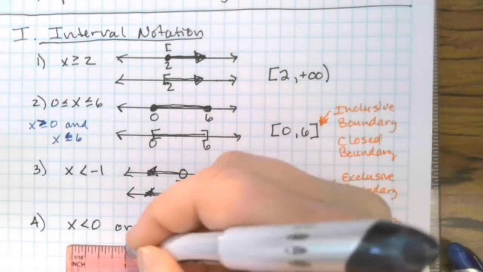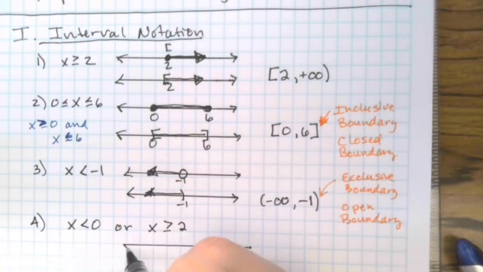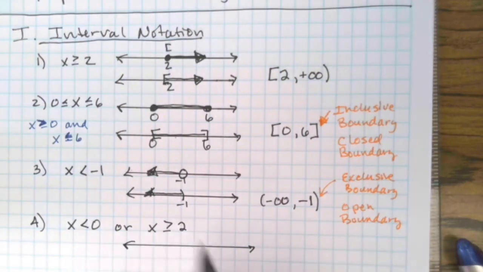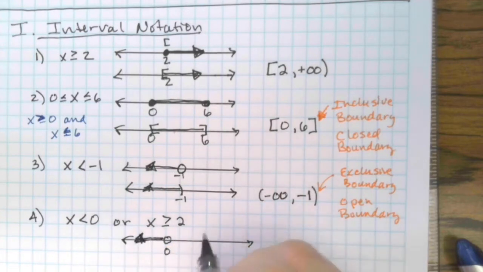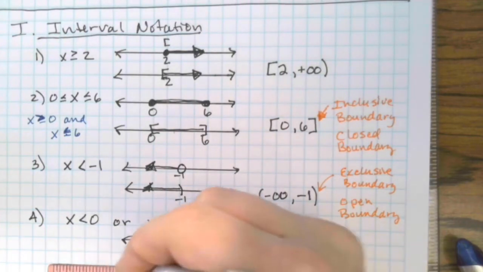So again, using inequality notation, 0 would be less than but not equal to, so it would have an arrow going to the left of 0. And then at 2, it would be inclusive, so a filled-in dot, arrow going to the right. That's your OR graph.